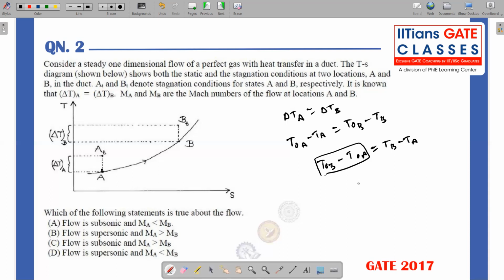So what we can do is use a definition like T naught B by T naught A is equal to T naught B by TB times TB by TA times TA by T naught A. This is one way to do that.